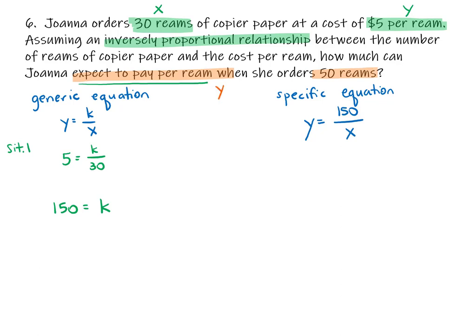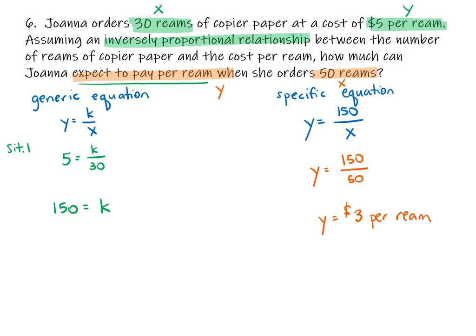How much she pays is her y, and how much she orders is her x. So that's what we call situation 2. I'm going to plug that into my specific equation. I want to find my y, and I'm going to replace my x with 50, and then we solve. So I say y is equal to 3, and let's make sure we have the correct units. It's $3 per ream.